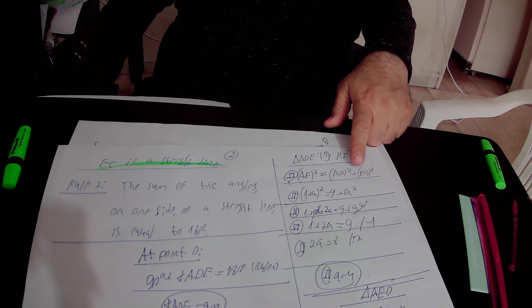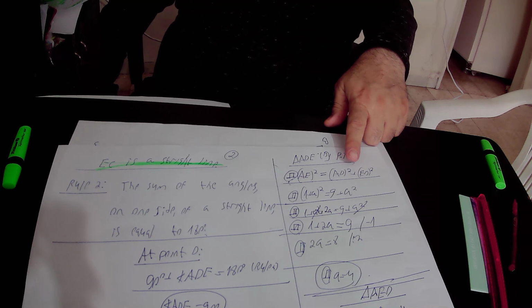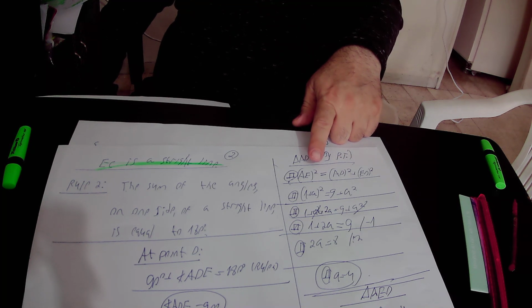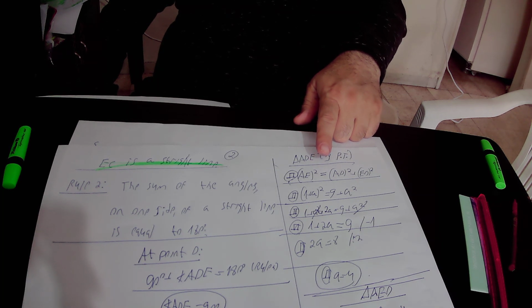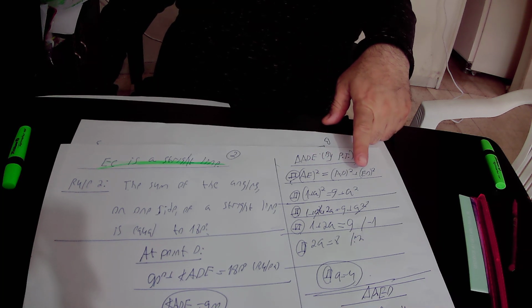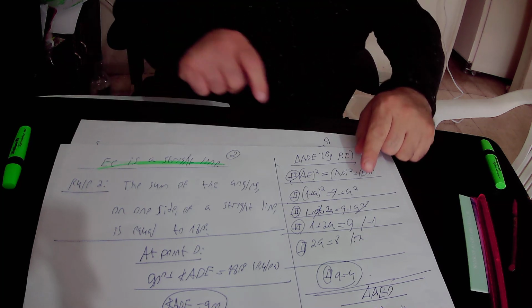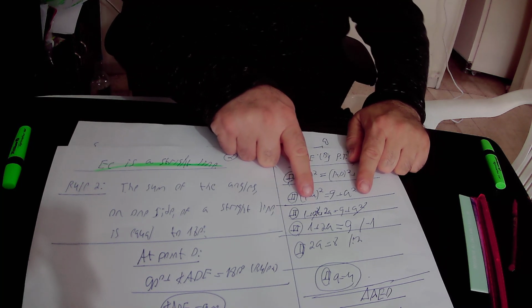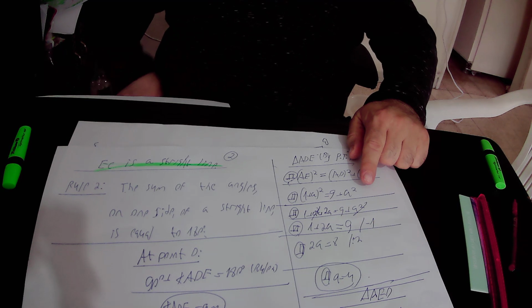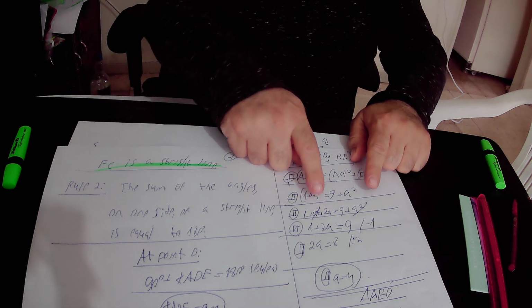So in conclusion, according to equation number 2, (1 plus A) square equals 9 plus A square. We open the brackets on this side of equation number 2, and we find that 1 plus A square equals 1 plus A square plus 2A. That is equal to 9 plus A square. Here we have A square on both sides, so A square gets cancelled. And we are left with only 1 plus 2A, that is equal to 9.